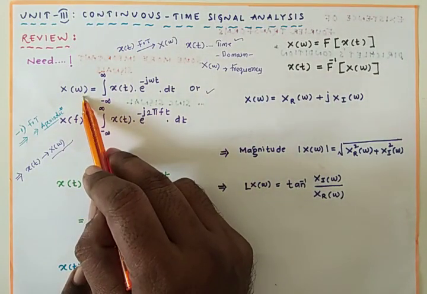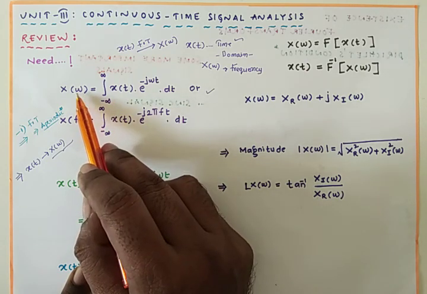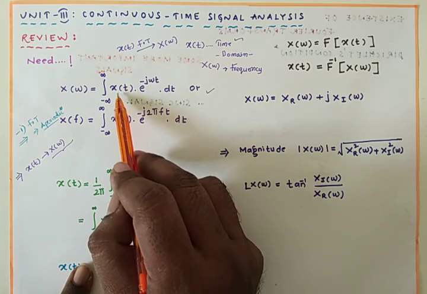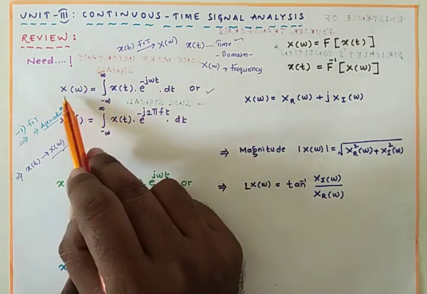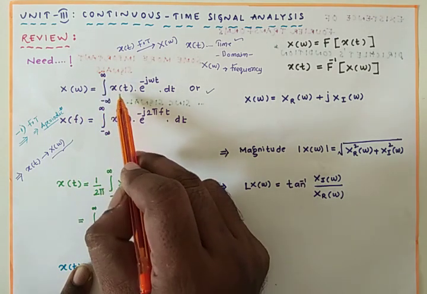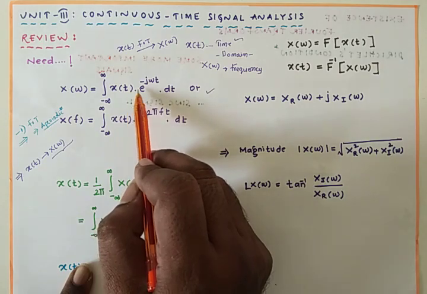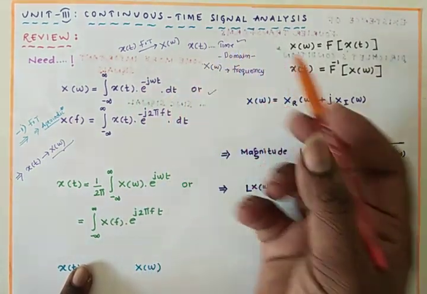We got this by applying the Fourier transform on the time domain signal, so x of omega is equal to the integral from minus infinity to plus infinity of x of t into e to the power of minus j omega t dt. That means what?